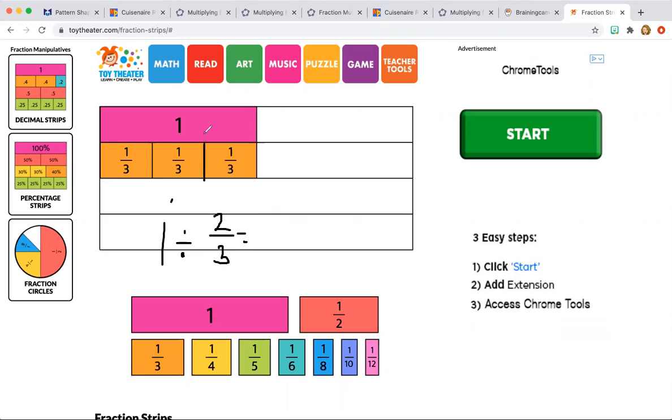Well, 2/3 goes into 1 one time, and then what's left over? This is not a whole 2/3, it's only a 1/3. So does that mean the answer is 1 1/3? No. We want to think about what this 1/3 is in relation to the divisor. 1/3 is half of the divisor.